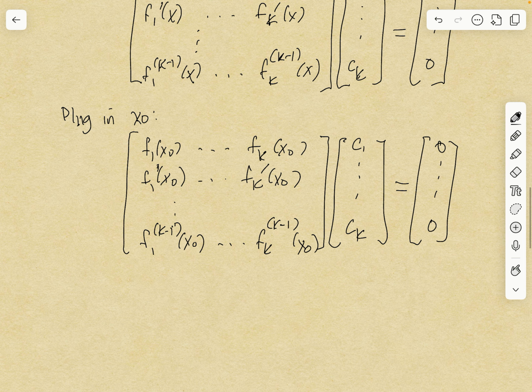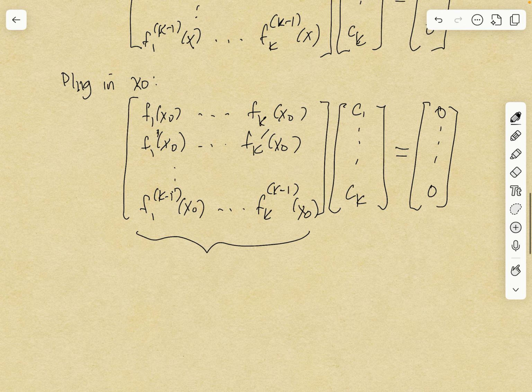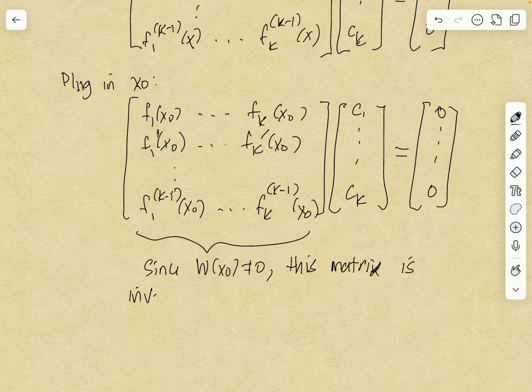Well, we know that the Wronskian is the determinant of this matrix. Since W of x naught is not 0, this matrix is invertible, because it is a square matrix whose determinant is not 0, which is equivalent to being invertible.